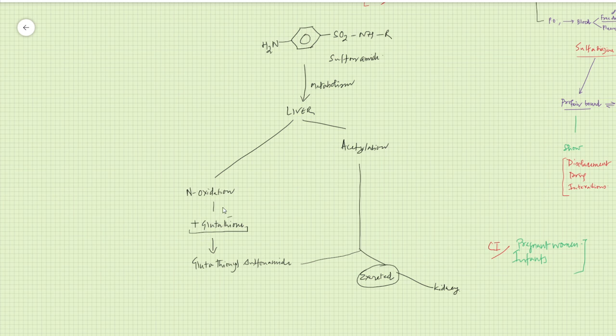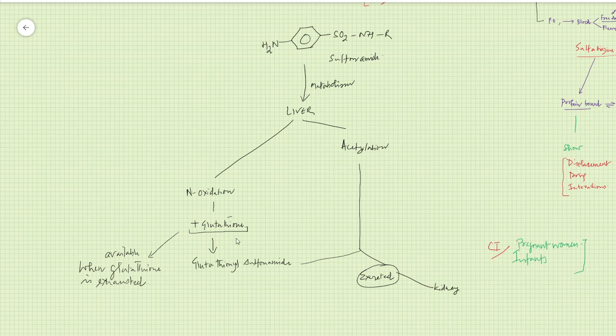So if the patient has consumed lots of sulfonamide and all the glutathione has been used, what is left is the N-oxidation product. So what happens is this, when the available glutathione is exhausted.